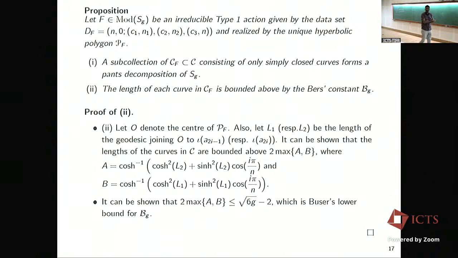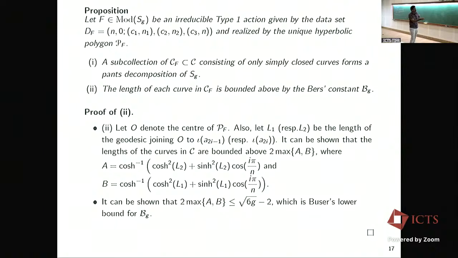And the proof is very simple hyperbolic trigonometry, if I may. The first part, that the sub-collection gives a pants decomposition, is a simple Euler characteristic argument, so I'm not getting into that.